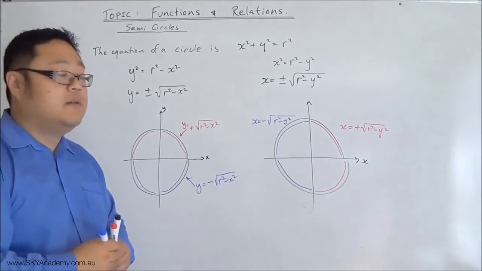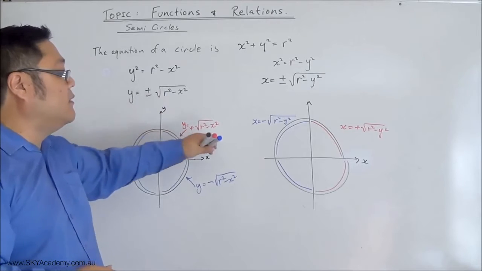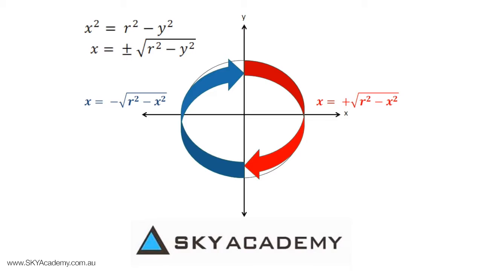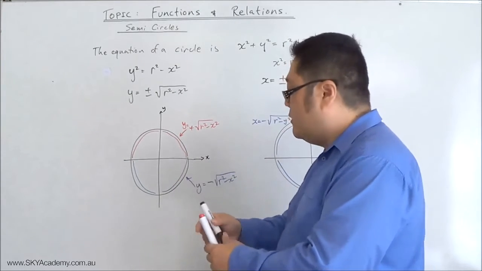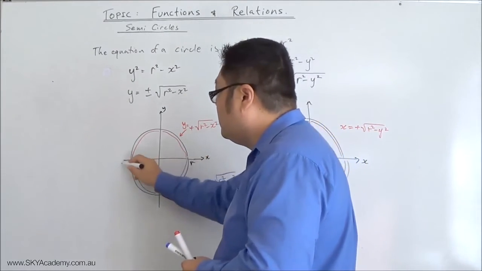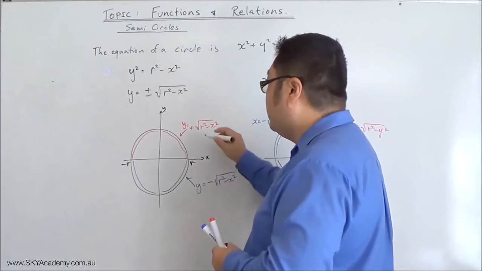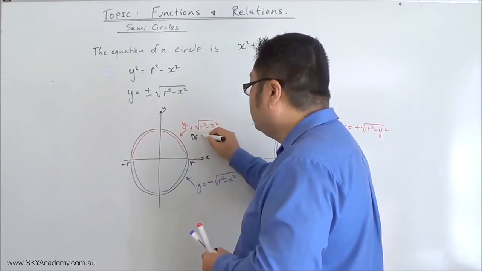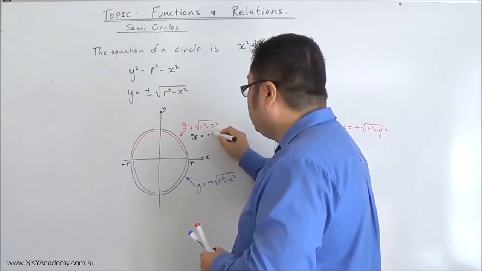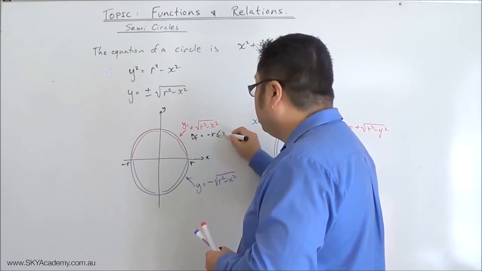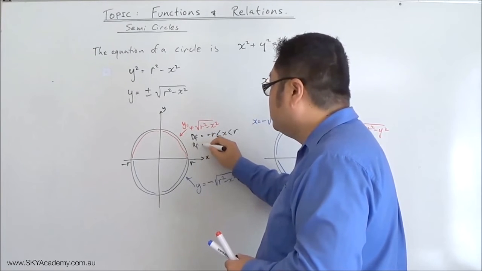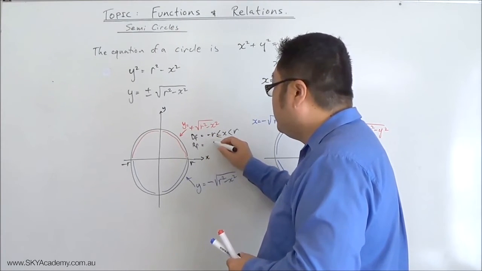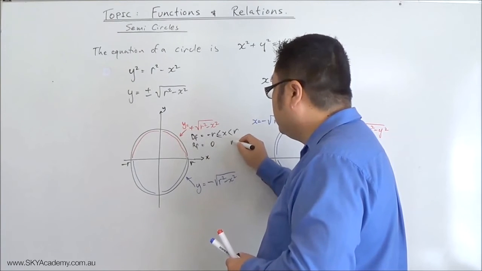Does that make sense? Now, we need to also take into consideration the domain and range of this function, okay? The domain of this function, right, will be between negative r and positive r, and the range would be between 0 and r.